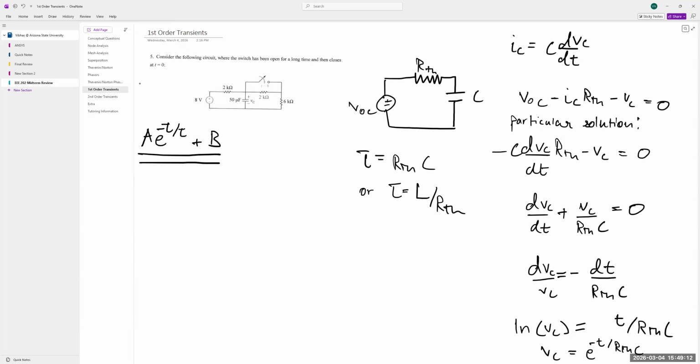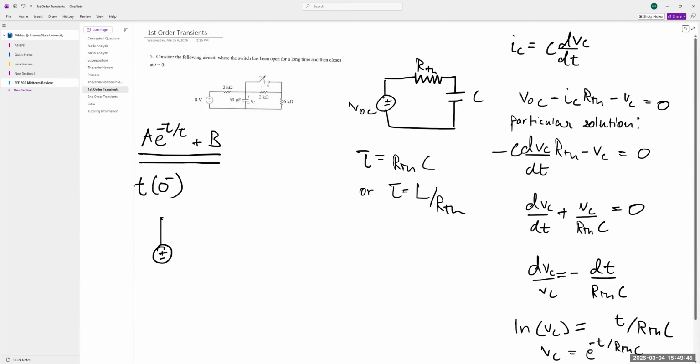Let's actually work through this step by step. We need to find what's the charge on the capacitor before the switch turned on. So we denote that by T of 0 minus. That's saying, let's draw the circuit before the switch turned on, and let's assume that the switch has been off for a long time, and let's try to figure out what the charge on the capacitor was back then.